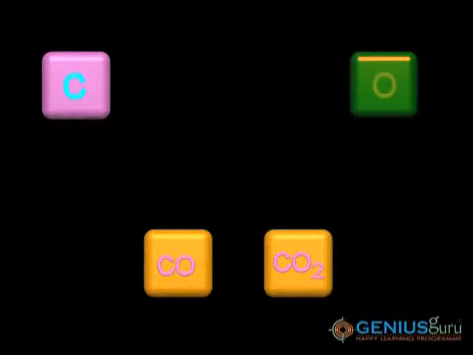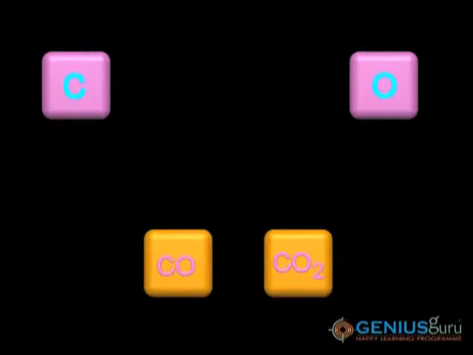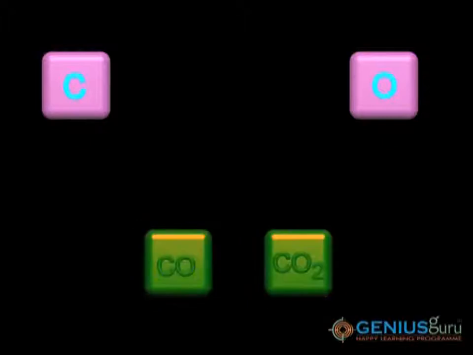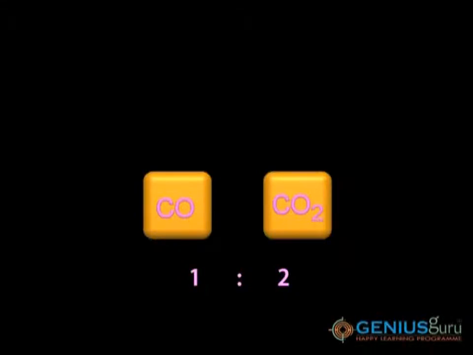The amounts of oxygen reacted with the carbon in these two compounds are in the proportion 16:32, which is a whole number ratio, 1:2. So this is in accordance with the law of multiple proportions.